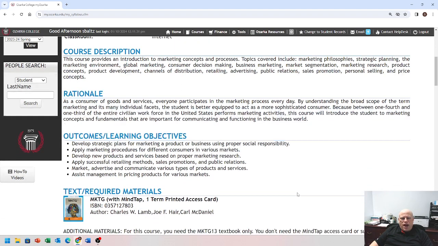Now, the next 3 items on the syllabus are all closely tied together. Those are the course description, the rationale, and the outcomes or learning objectives. Basically, the description of this class is that we're going to learn the basic marketing concepts and processes. We're going to start off looking at various marketing philosophies.